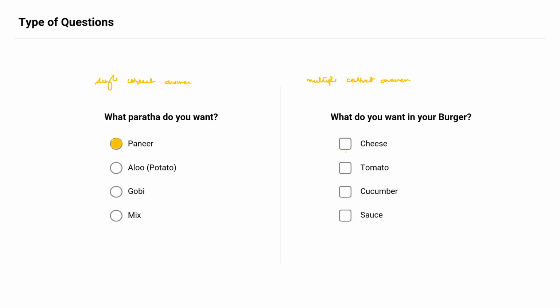But if I am asked questions which have square shapes, which are the multi-correct answer, I will have the choice of selecting more than one. So what do you want in your burger? I probably can write I want cheese, I want tomato, I can have cucumber, or I can have all four of them. Right? So that's the difference between the two questions. This is typically depicted by a circular shape, which are called radio buttons. And then you have square shape, which are multiple correct answer.